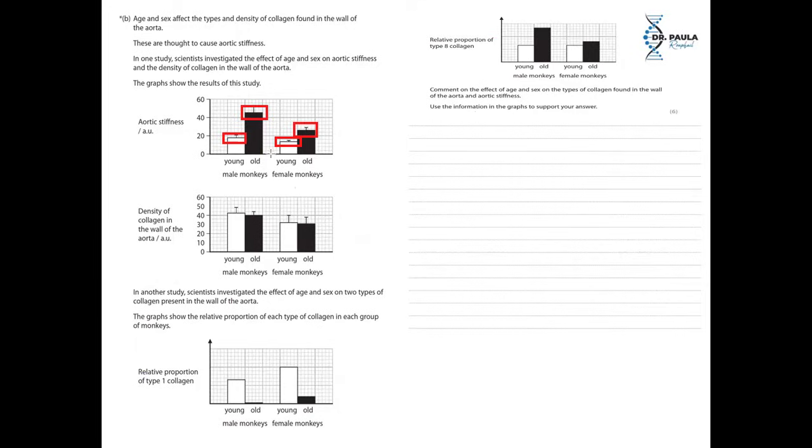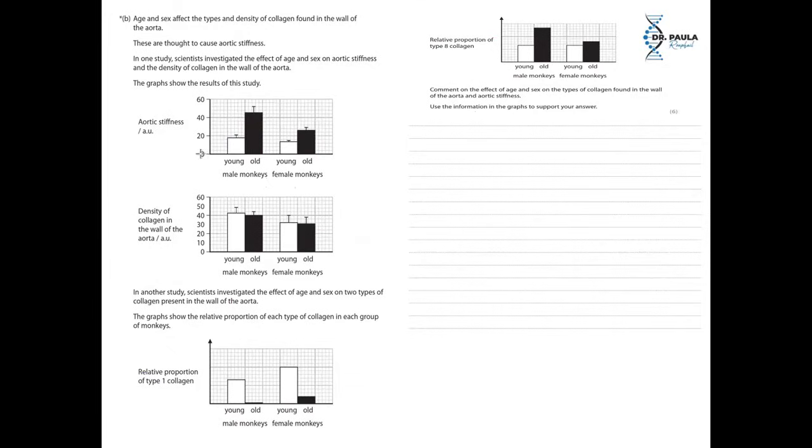You can compare in this case this one with that one. The old male monkeys have higher stiffness than all female monkeys, which proves the idea that sex affects the aortic stiffness.